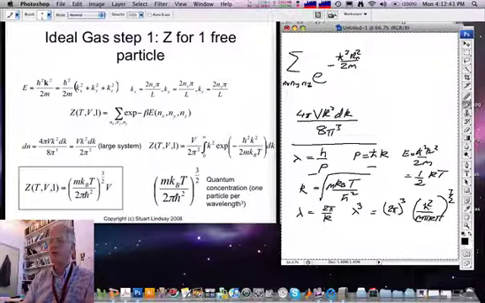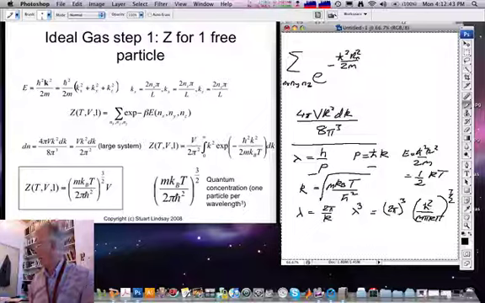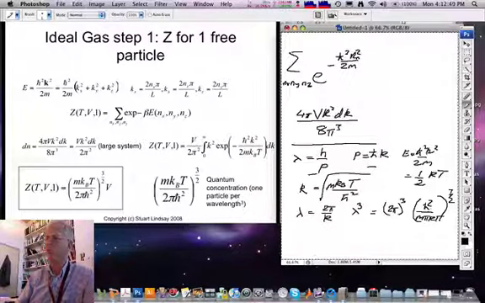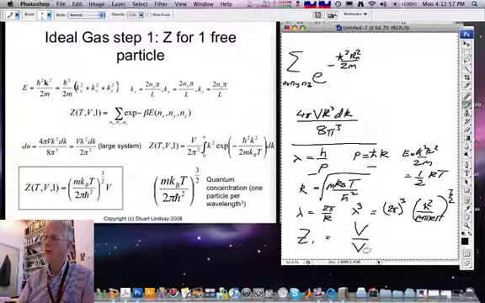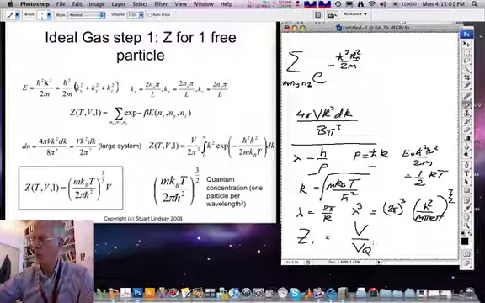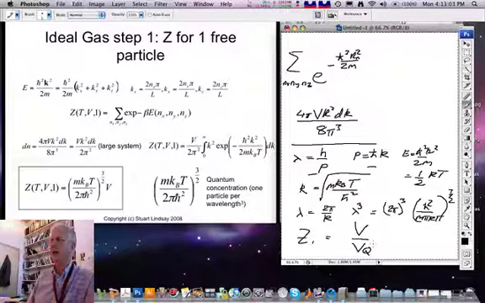You'll see that's almost equal to the number we have on the slide obtained by doing the integral properly. And therefore, you see that the partition function for a single particle is just the ratio of the total volume to the quantum volume, which is a volume equal to the thermal de Broglie wavelength on each side.